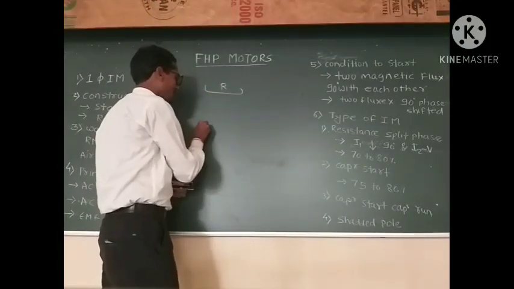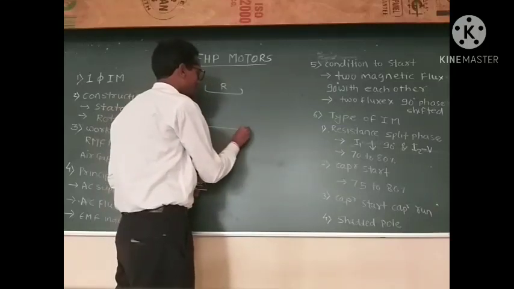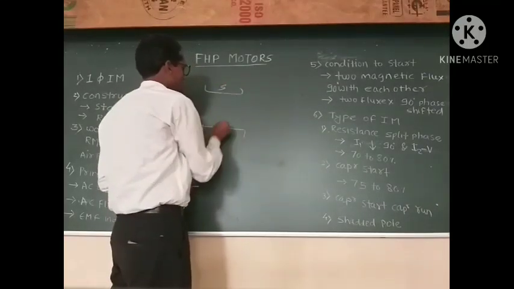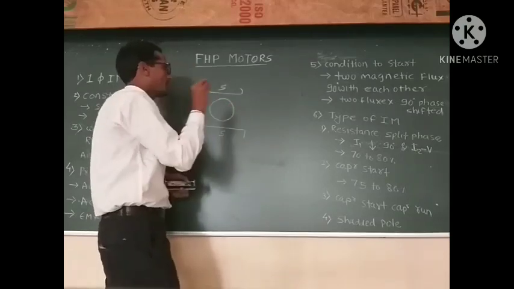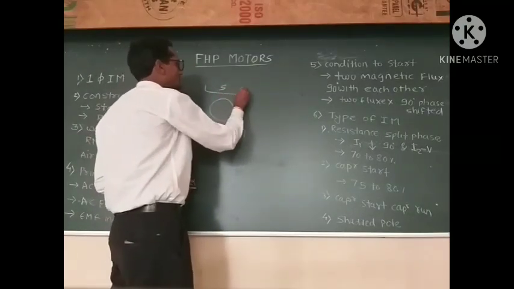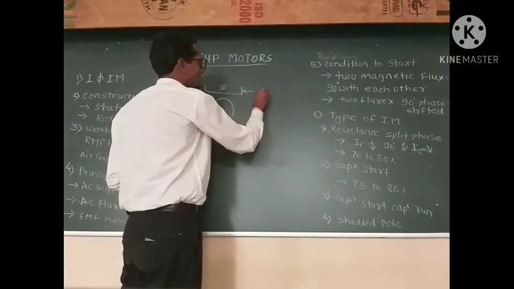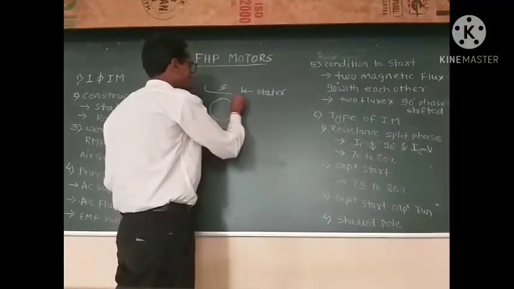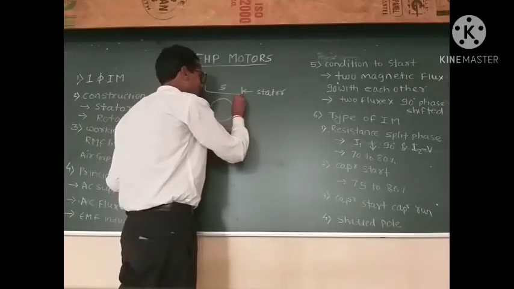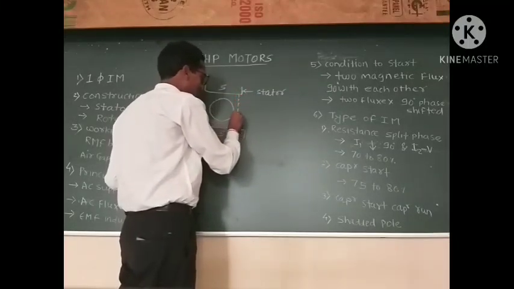Let's draw the circuit diagram so we can understand easily. This is the stator, and this is the rotor. When we give electrical supply to the stator, it generates magnetic flux.